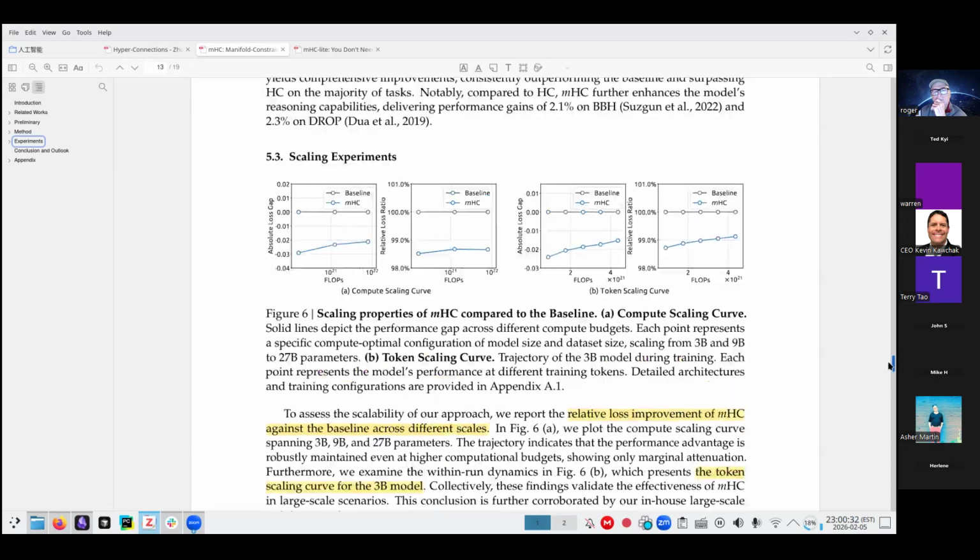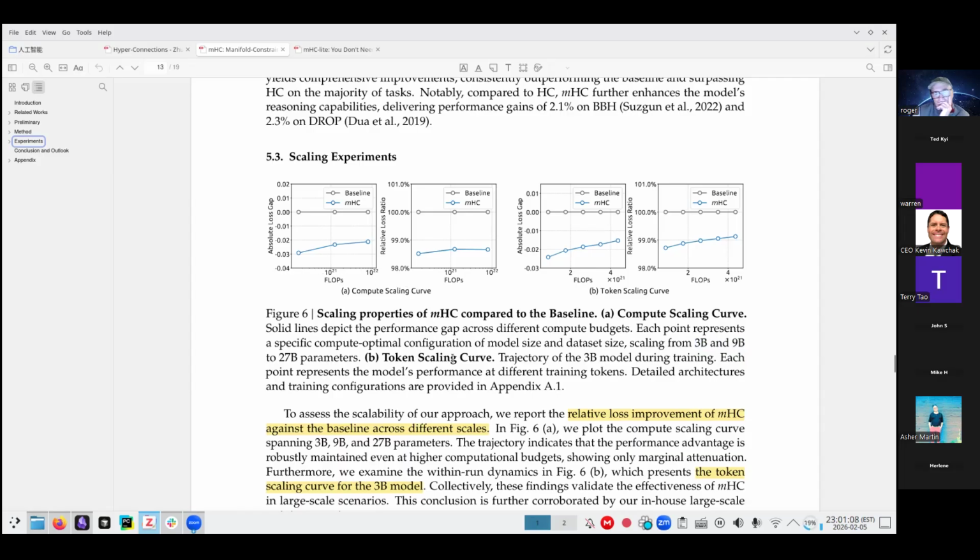Scaling experiments. I don't quite understand why the x axes are all FLOPs, because they claim the scaling property. The first is the compute scaling curve. They compare model sizes of 3B, 9B, and 27B, but the x-axis is still FLOPs.